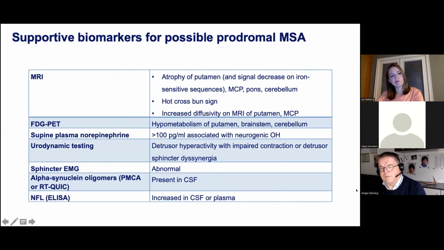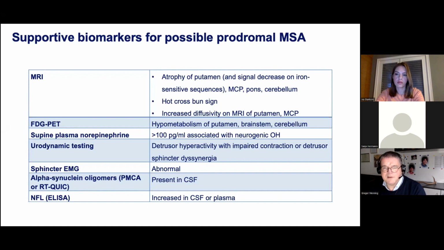MRI, we suggest atrophy of the putamen and signal decrease on iron-sensitive sequences, atrophy of MCP, pons and cerebellum, the hot cross bun sign, and increased diffusivity on MRI of putamen and MCP. FDG PET, again, hypometabolism of putamen, brainstem, and cerebellum.